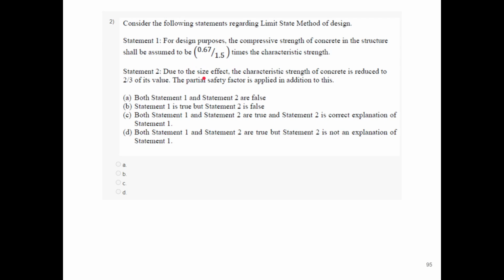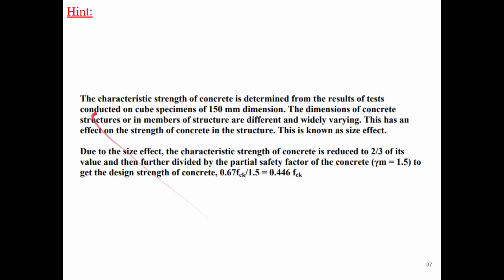So that's why it is not a 150 cube, and there comes the problem of size, the size effect. So to accommodate the effect, we reduce the fck value initially to 2 by 3, which is 0.67, and then we apply the partial safety factor and divide by 1.5. So that is the correct explanation of the first statement. So C is the correct option. As you can see, C is the correct option.